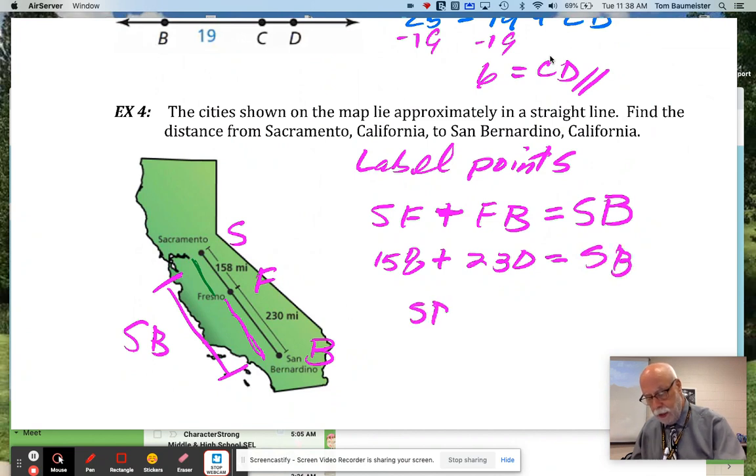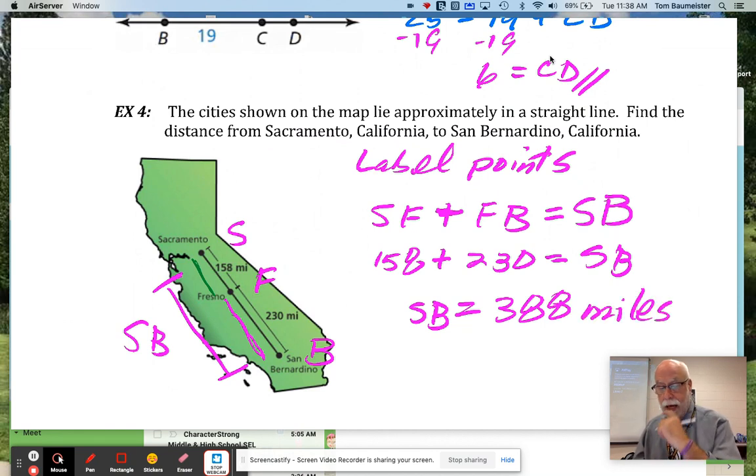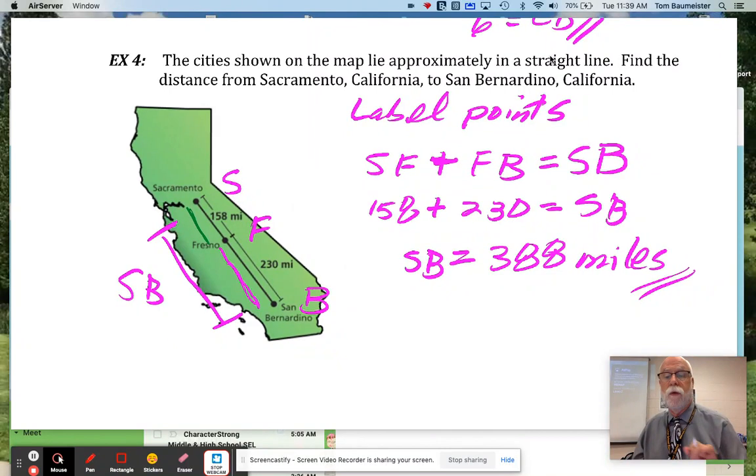So from Sacramento to San Bernardino, we would say that is 388 miles. Again, use the units. They'll get you on that every once in a while. That's it. Thank you.